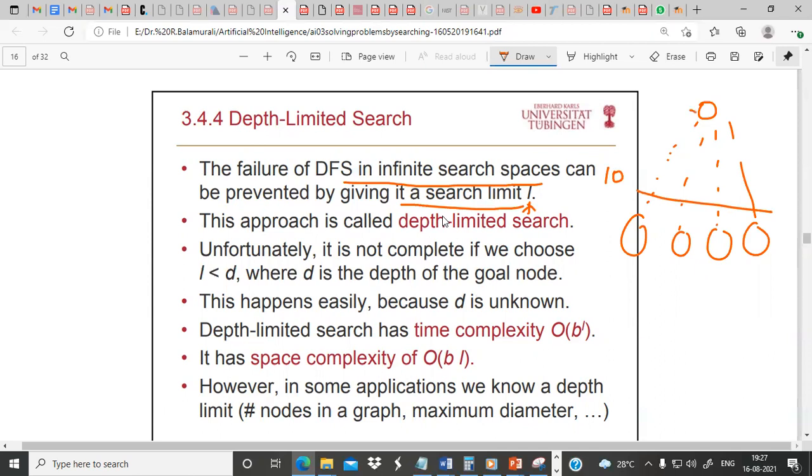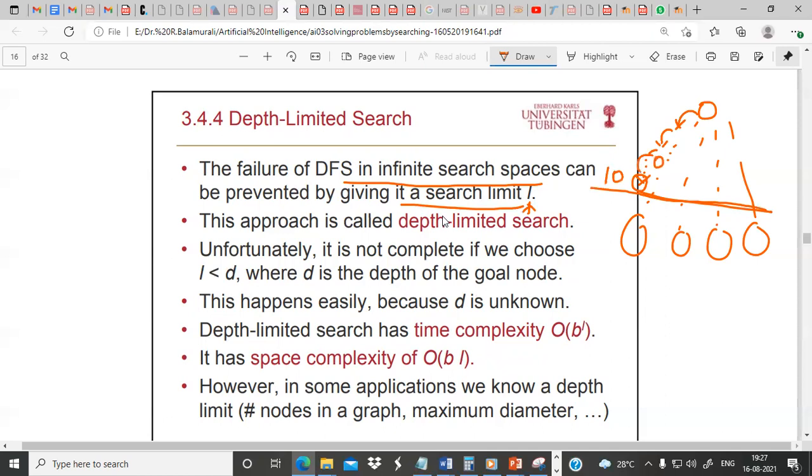So the depth first search goes like this. First it checks the root, then its left child, then its left child, and so on. It will go up to the 10th level. It will assume the nodes at depth 10 as leaf nodes. After reaching the leaf node at depth 10, and after making sure that this is not the goal state, it will backtrack.